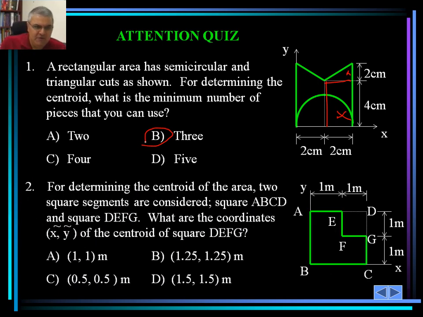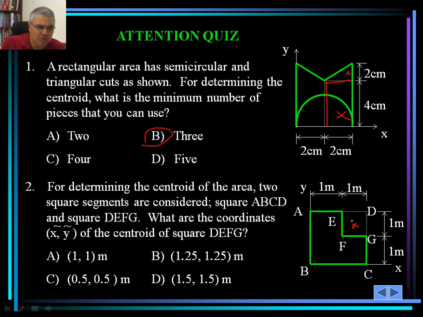For determining the centroid of the area, 2 square segments are considered. Square A, B, C, D, the big one, and the little one, which is D, E, F, G. What are the coordinates, X and Y, of the centroid of a square? In this case, you guys should be able to see this.